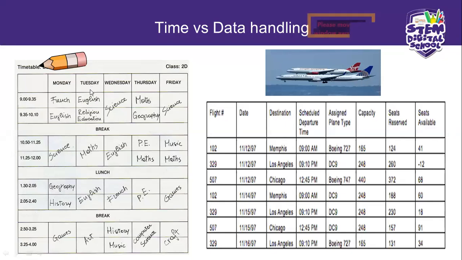And then on Tuesday, from 9 to 9:35, they are attending English. When we go back to Monday, from 9:35 to 10:10, they are attending English. And then it is a break.